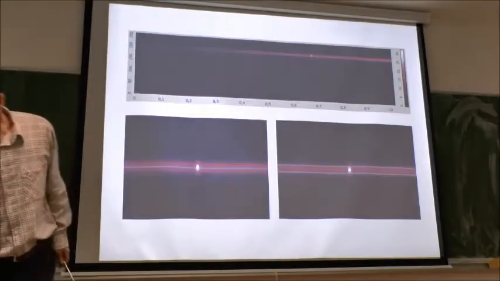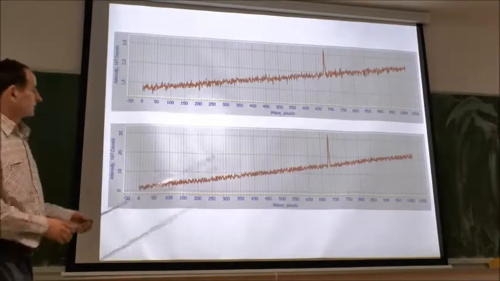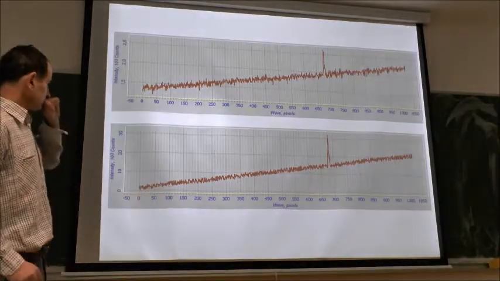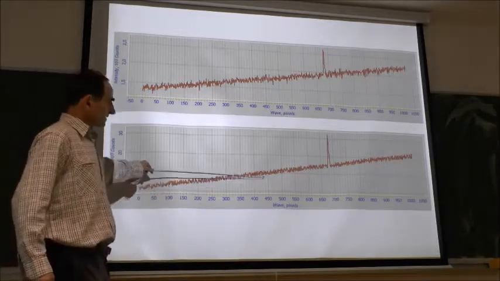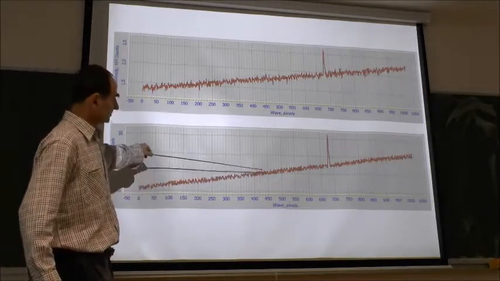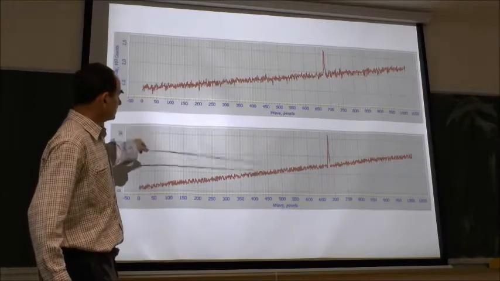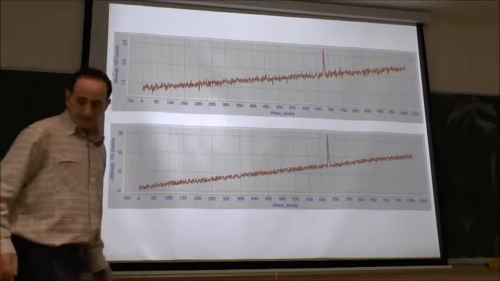With this kind of management, you can improve the signal to noise ratio quite well. So this is the original, and this is a smaller range.